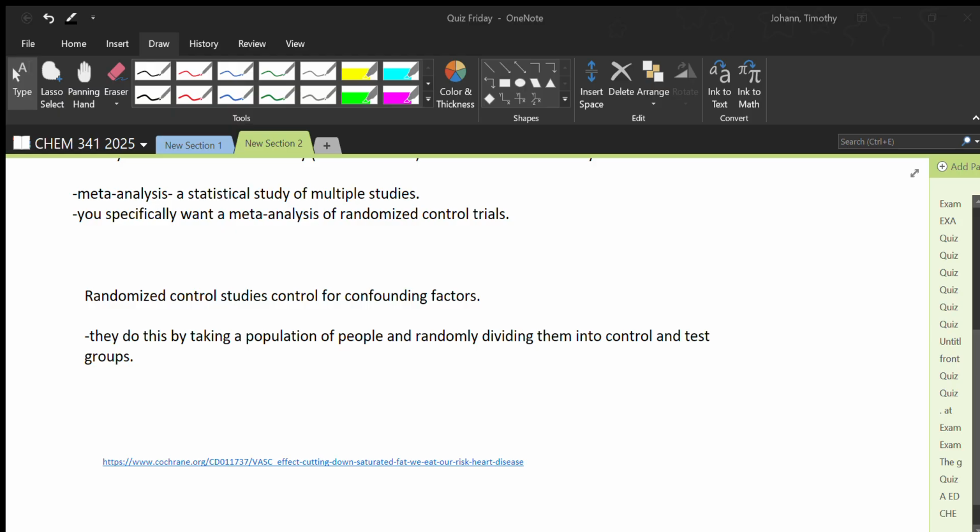The review found that cutting down on saturated fat led to a 17% reduction in the risk of cardiovascular disease. If we read the medical summary, we'll actually be able to get the error bars on that, which is also useful, but also important for thinking about it. So we've got these benefits. Where's the death thing? It's right in here somewhere.